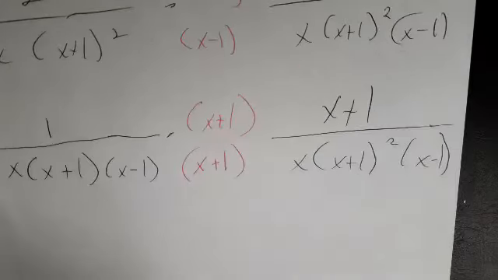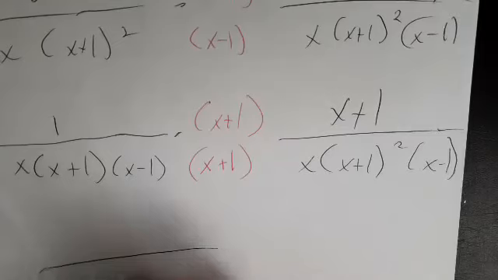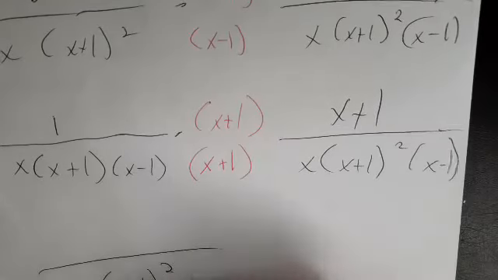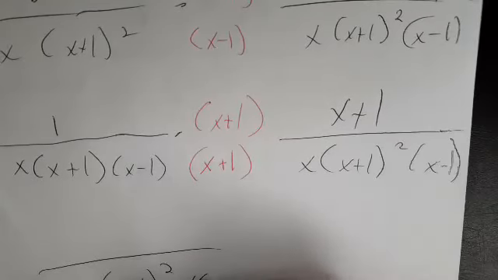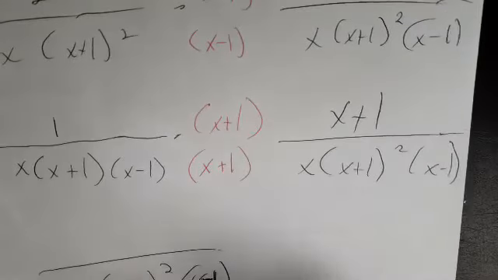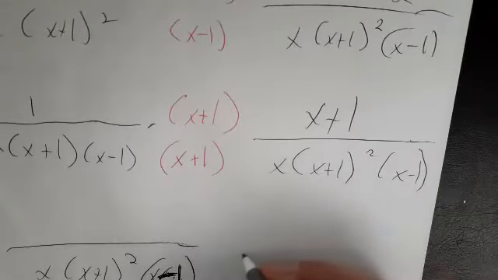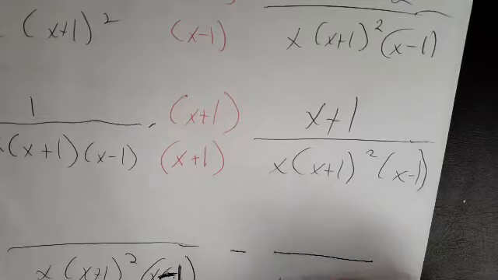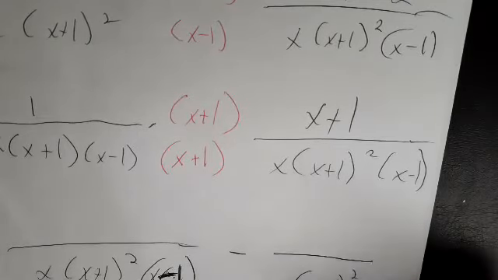Okay, so I have this thing. Let me write this thing down. x minus 1 here. This thing is subtraction this time, so x plus 1 squared, x minus 1.